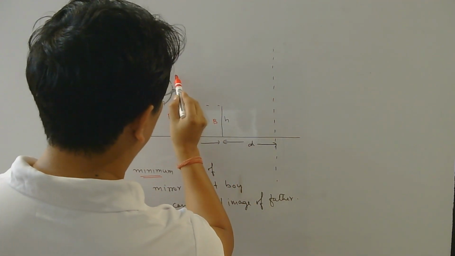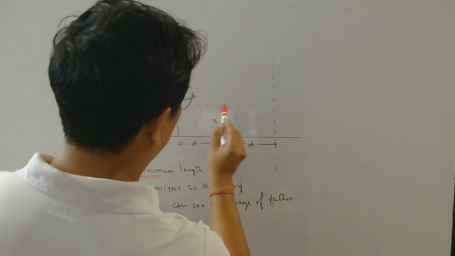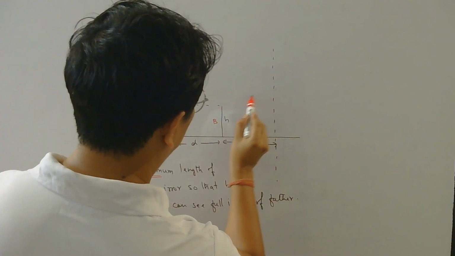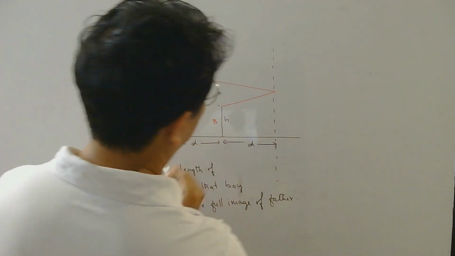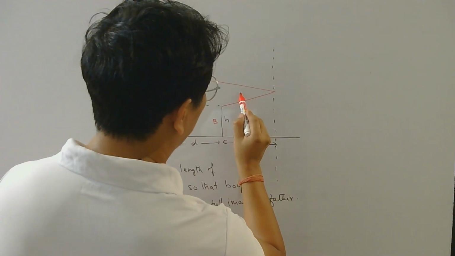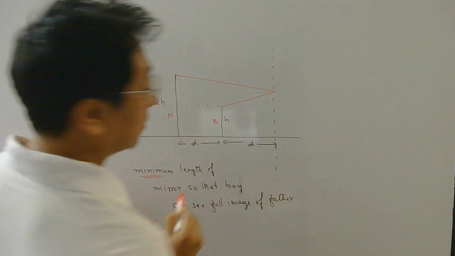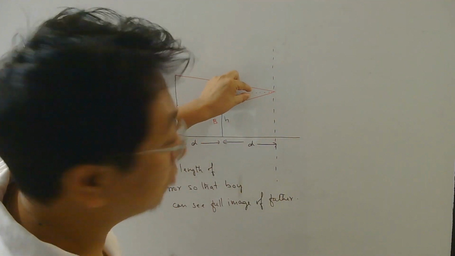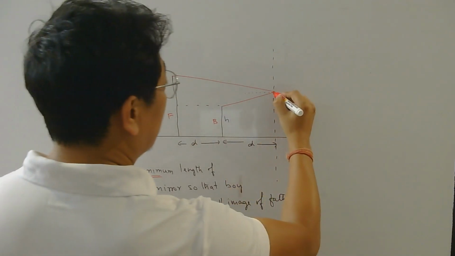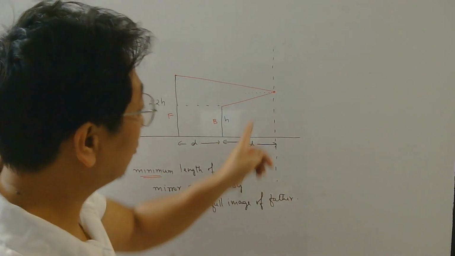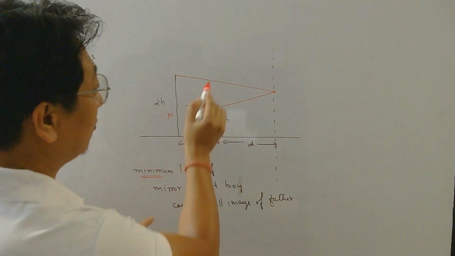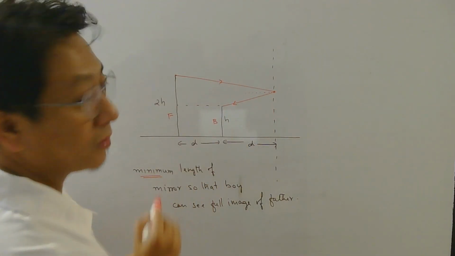So let me just do it by trial and error method. So something like this, isn't it? Because remember, you have to obey the law of reflection. So these two angles should look the same. So here there should be some point of the mirror, right? There has to be a mirror here, right? Then only the light will be reflected this way.